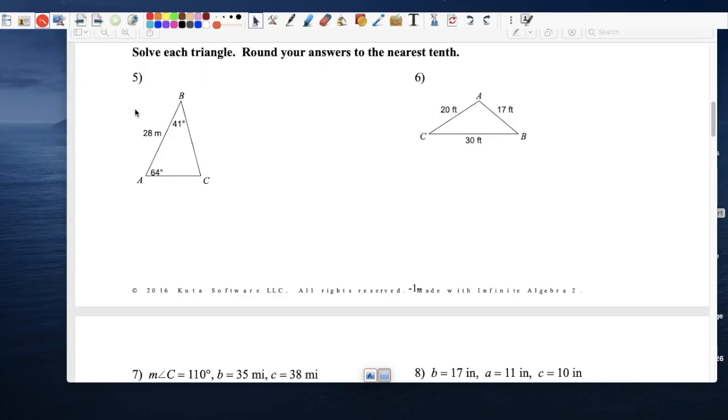All right, I'm going to do question 6 because I royally messed up on that before. So question 6, well, it says solve the triangle, so we need an angle. So let's just pick this angle here. Law of cosines, so we're going to do c squared equals a squared plus b squared minus 2ab cosine of angle C, which is what I'm trying to find.